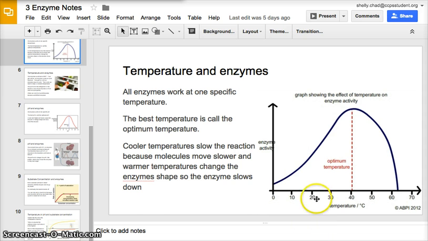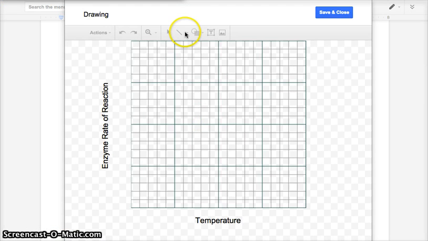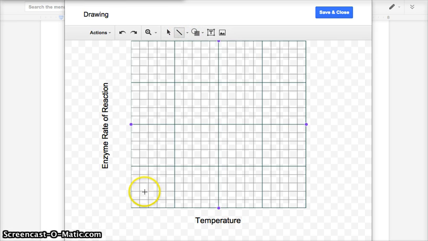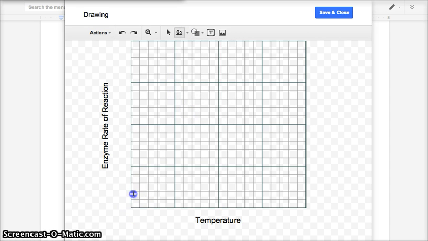So this graph is going to look like this. It's usually going to be at its best at one specific temperature, and then if you get warmer it slows down, and if it gets colder it slows down. So for our graph, if you're working in Google Documents, you can click the line tool, and we actually used the scribble line tool, so we'll just take this up and go like this.